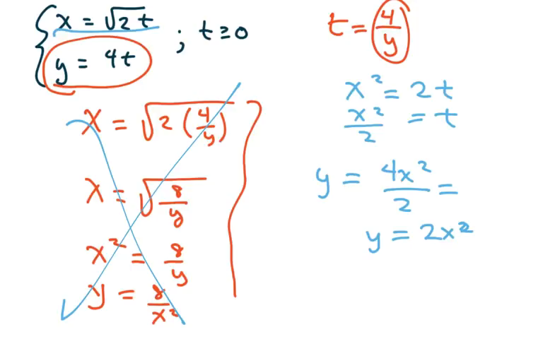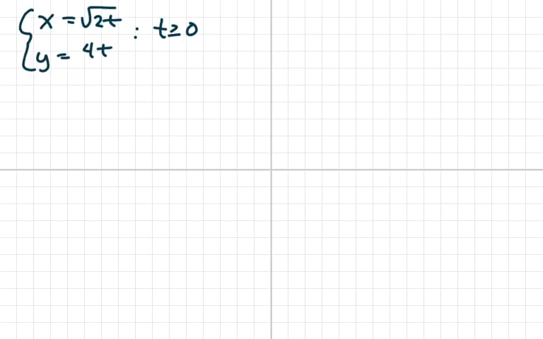Okay, let's graph it. So basically, we're doing the same thing. At 0, both x and y are 0. Let's plug in 2, because when I plug in 2 for t, that's going to be square root of 4, which is 2, and this will be 8.